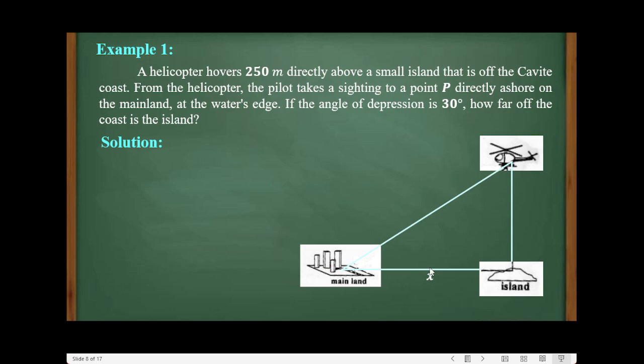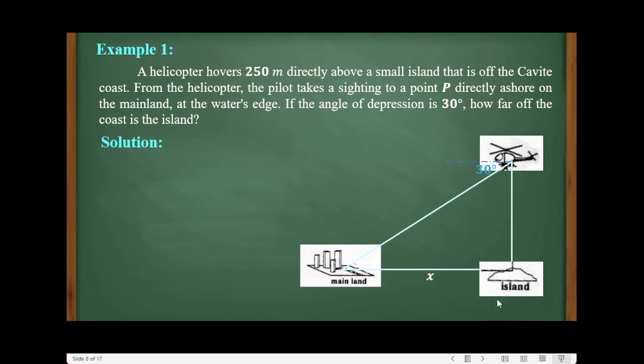Okay, so then for the angle of depression, which is from the observer of the helicopter, which has a sighting on the mainland. Okay, so therefore the 30-degree angle of depression is right here, the line of sight, and the blue broken line is the horizontal, which is, according to the problem, 30 degrees.